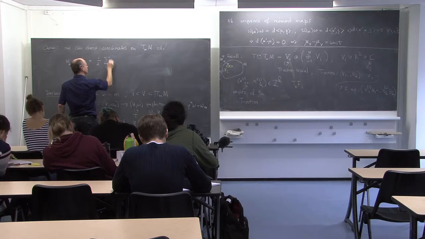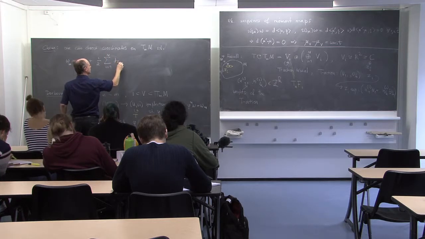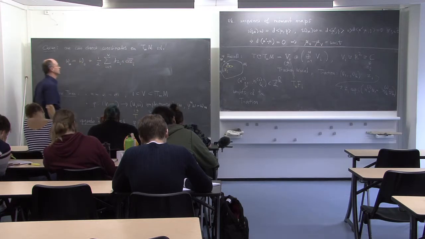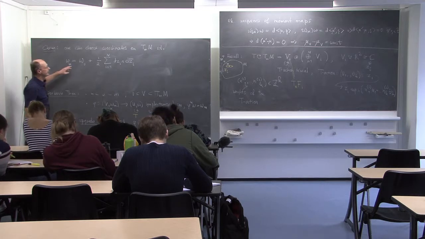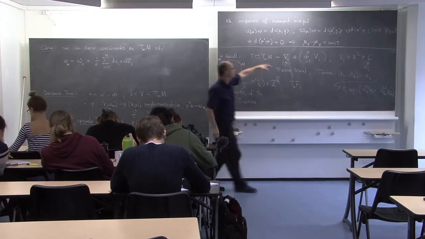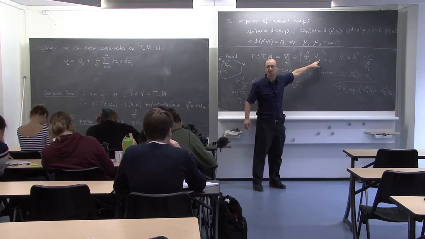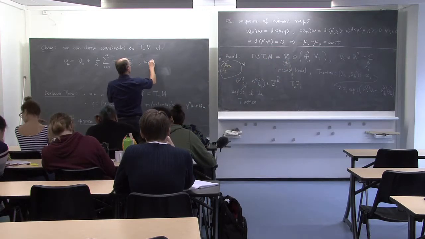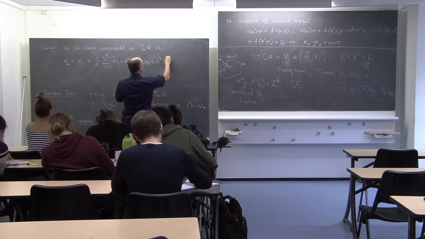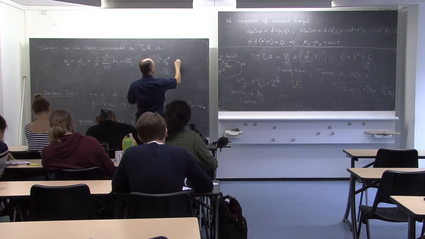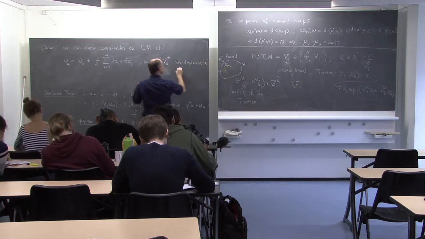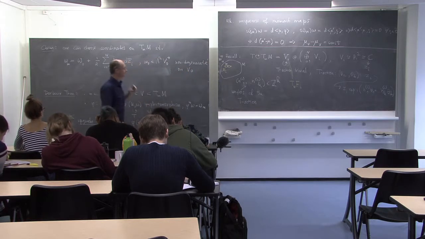So I claim that one can choose coordinates in the following way, so that the symplectic structure completely splits. So there are standard symplectic structures on those VIs, and omega 0 is non-degenerate on V0.